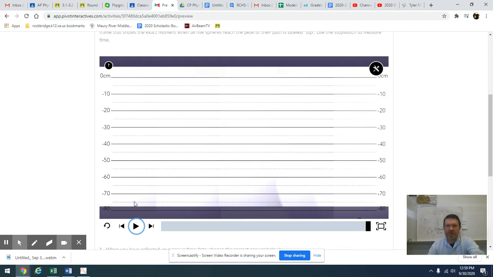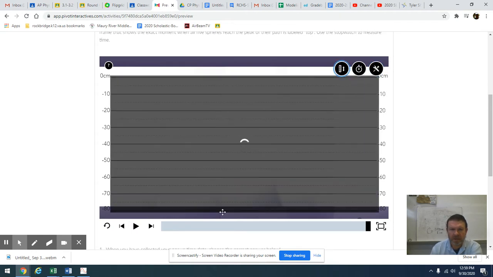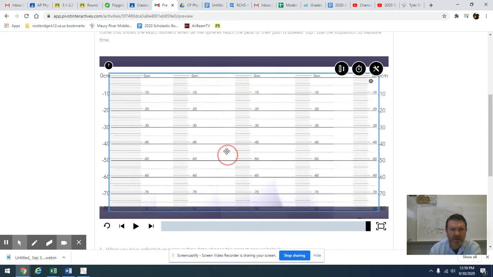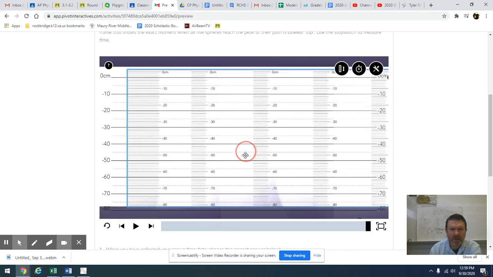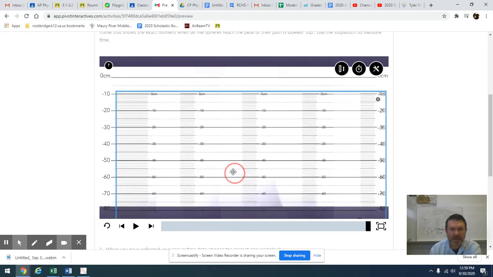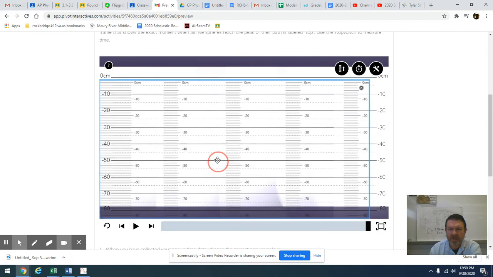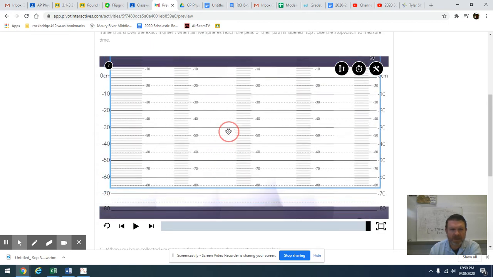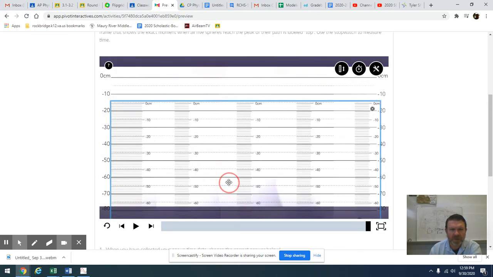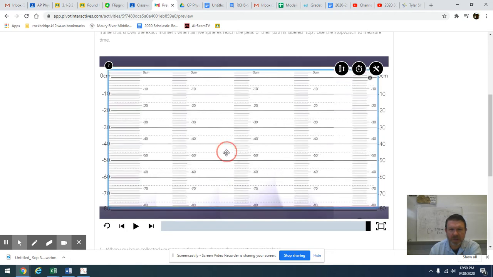So here's what I want you to do. Let's go into our tools. Going to need a little measuring type thing. I can move that up and down. And looks like the way this one is set up, it's set up to go from negative positions up to 0.